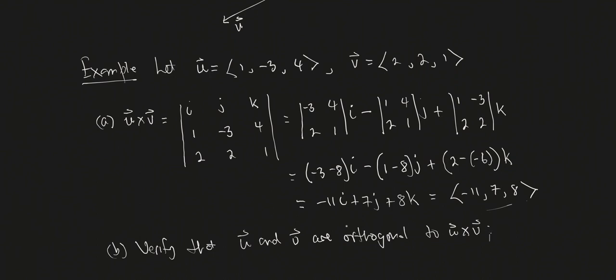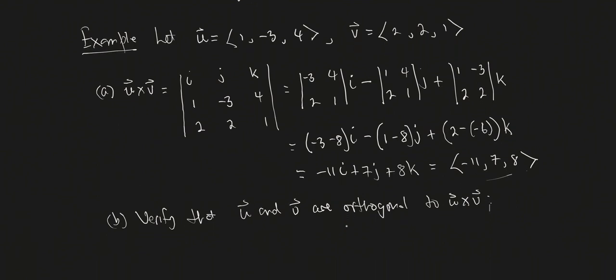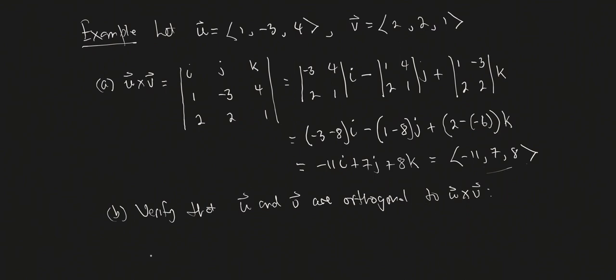And how do we do that? That's where we do our dot product, right? So let's take our u and now do the dot product with the cross product that we just found.